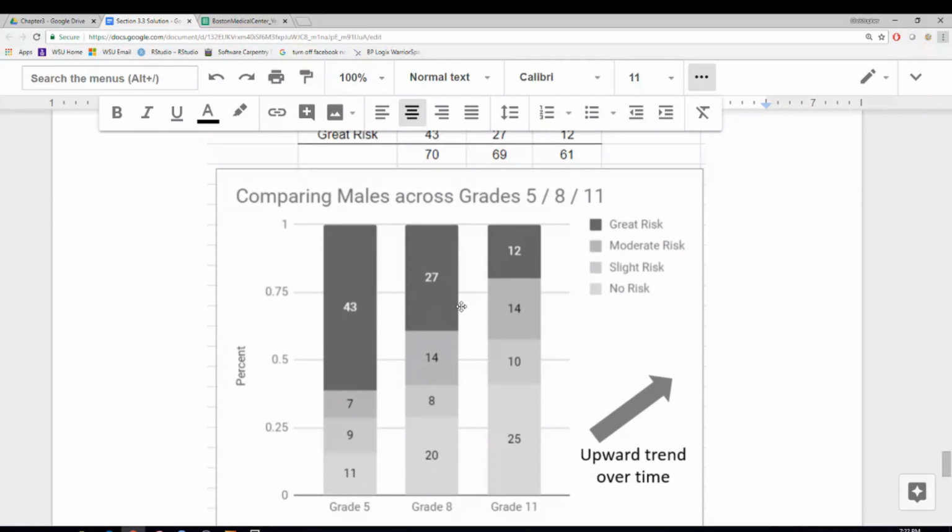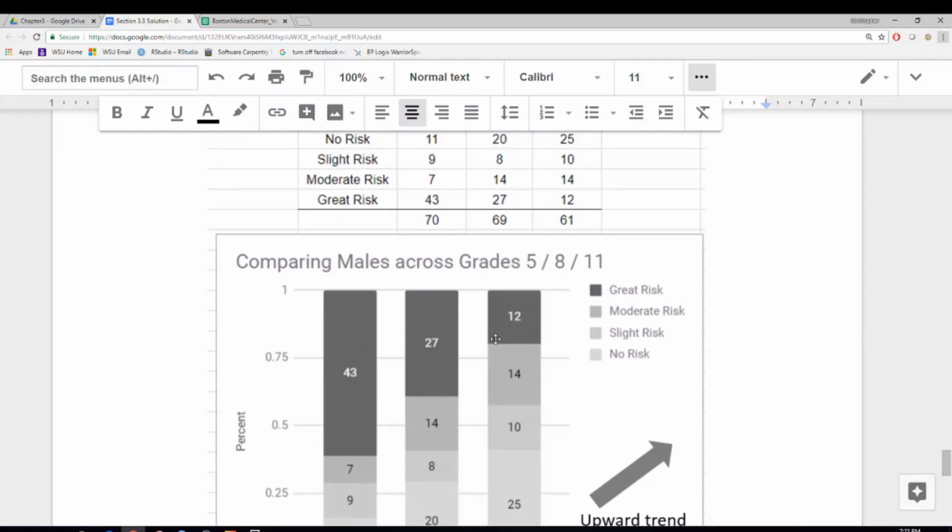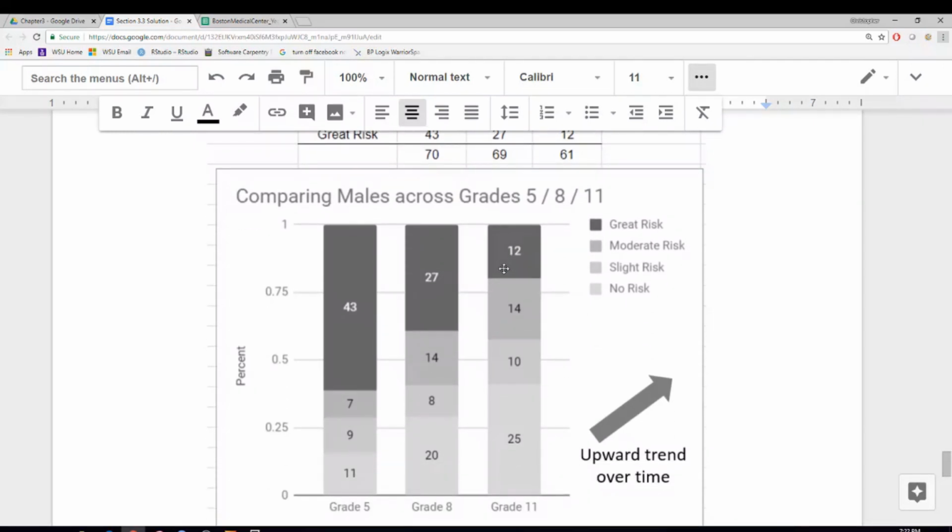But that drops to about 40% or so in grade 8. And then that falls back even more when you go to grade 11. Looks like it's 20% or so in grade 11. So there's quite a decrease in the proportion of males that think smoking weed's of great risk as you go from 5th grade through 8th grade.